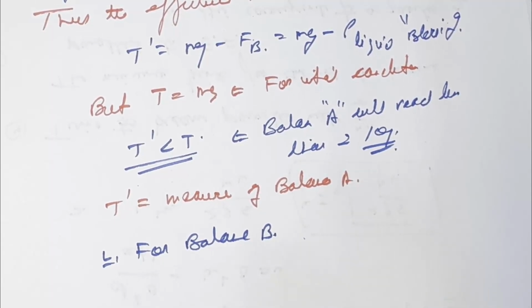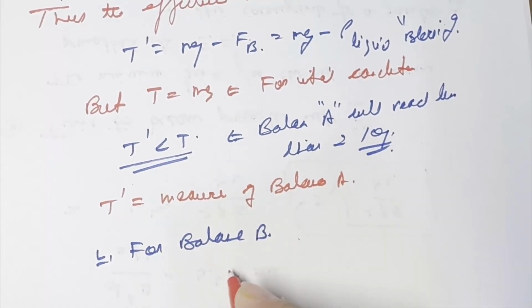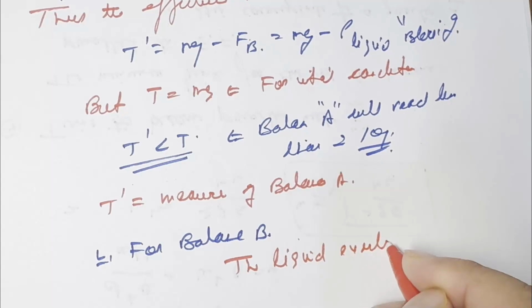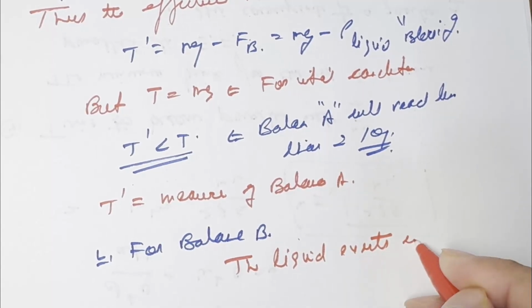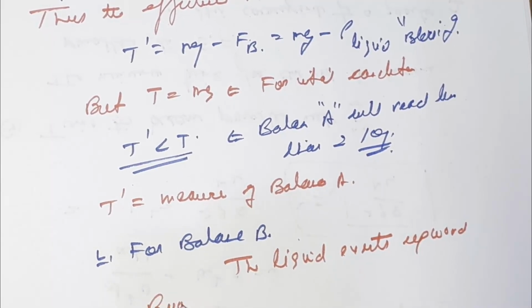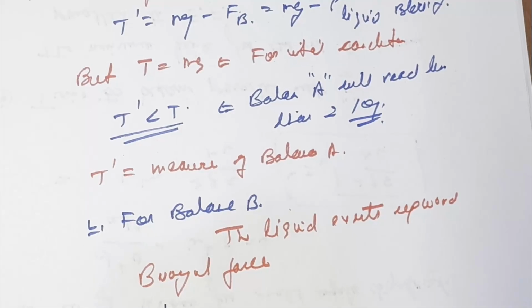As a result, there will be a reactive force that will also be acting in the downward direction. Therefore, by Newton's third law, the liquid will experience an equal and opposite reaction force.